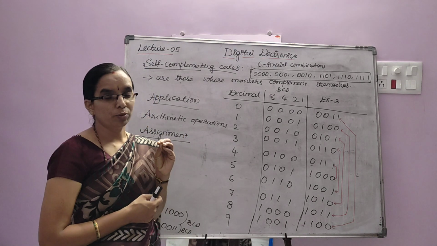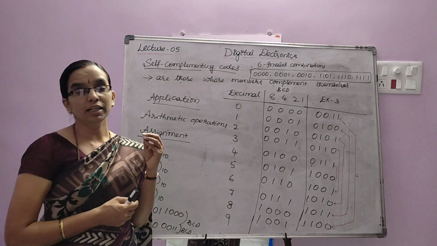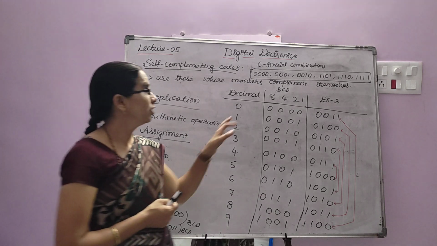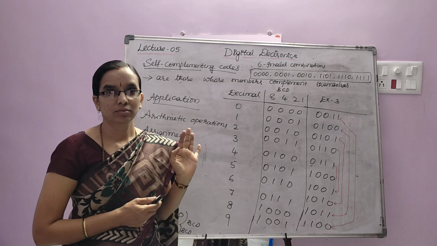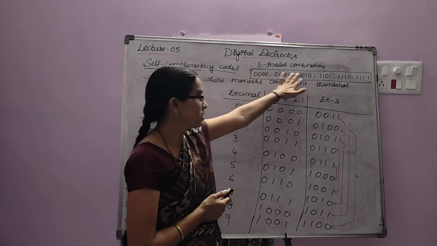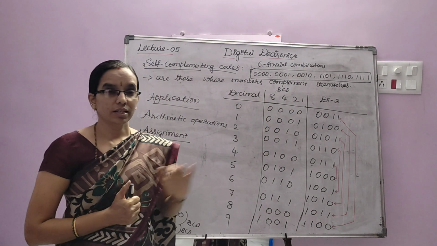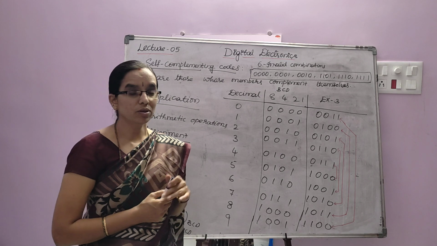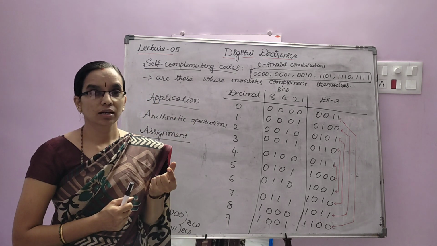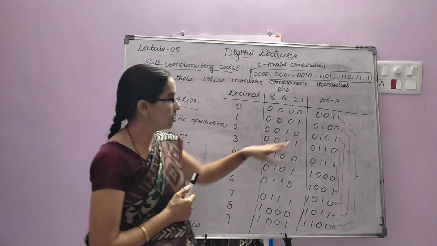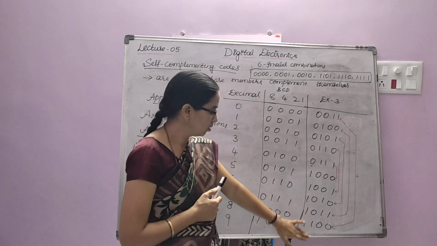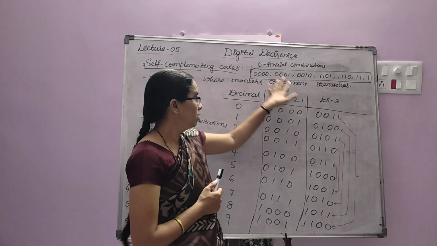If a problem is given to convert any decimal number into XS3 and these combinations come, then your problem is wrong. You should not get these 6 code words in XS3 code, because using 4 bits you can represent 0 to 15, and in XS3, binary 3 to binary 12 are there.